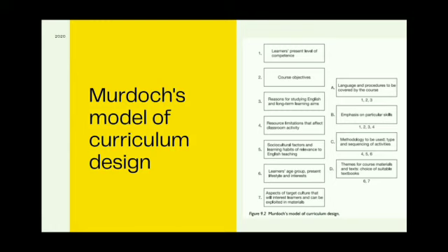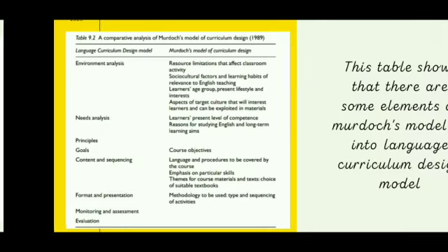These are the outer circles used in this model. Then the 4 boxes in the right-hand column relate to the practical aspects of curriculum design and form the inner circle in this model. Let's go to the next slide.